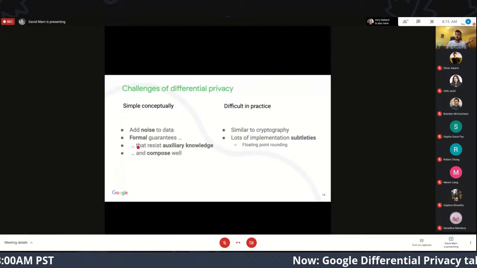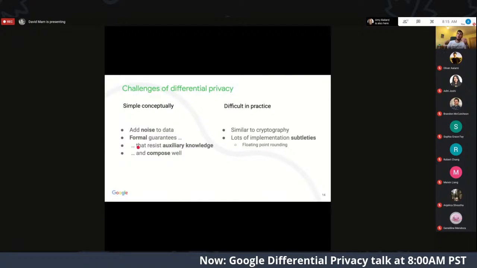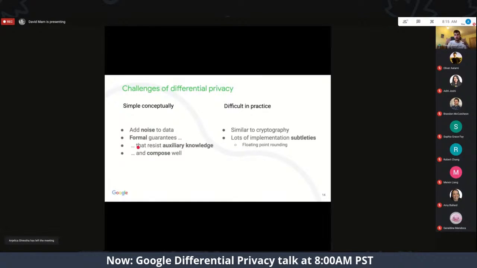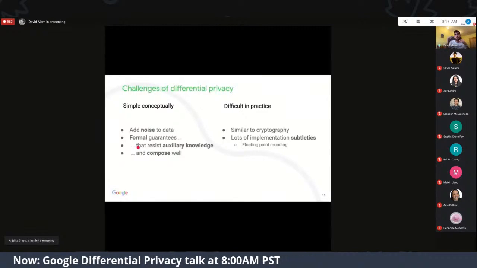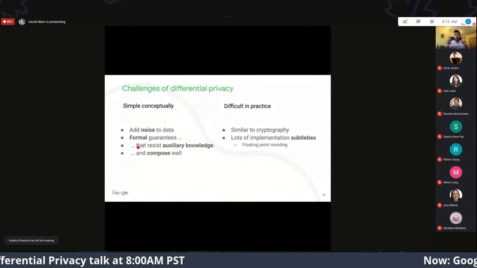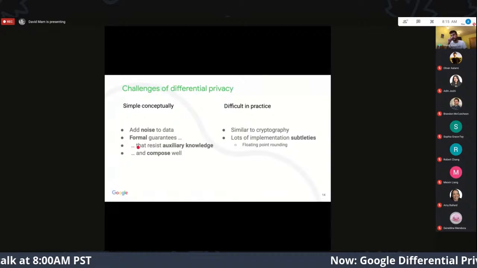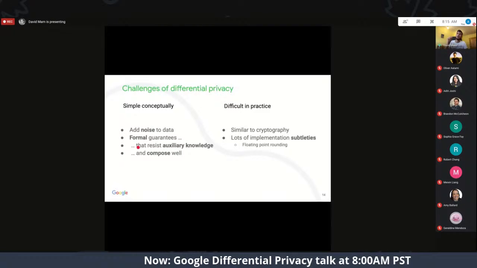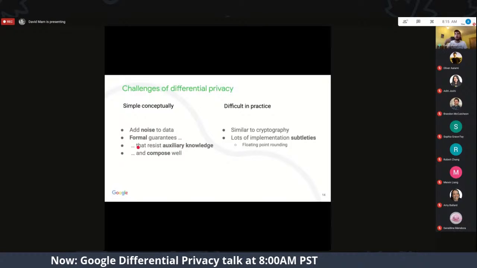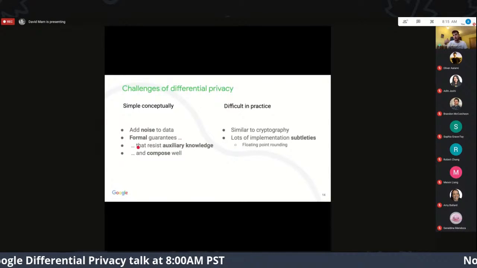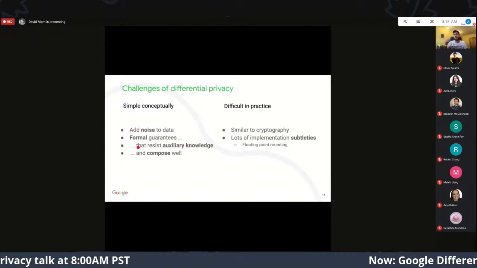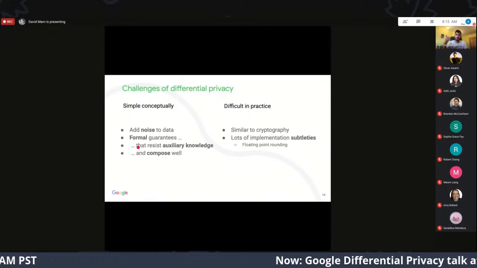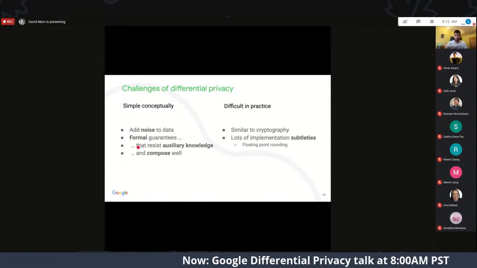For instance, modern computers have this way of rounding floating points that looks a little bit like a staircase. So they're not real numbers like the real numbers in mathematics, but because of this staircase-like structure, you can make some probabilistic guesses on the amount of noise that was added. And that allows you to then remove this noise and recover the actual data.